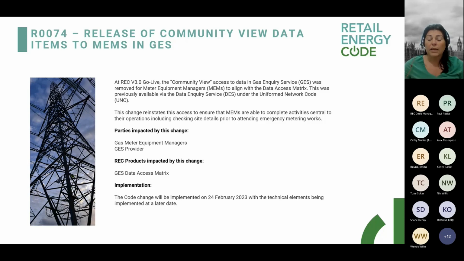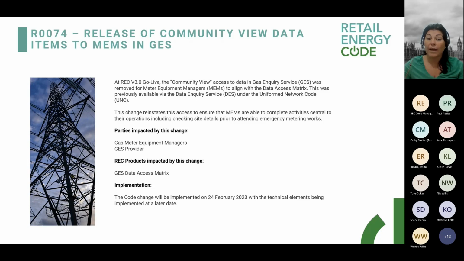So the reason this change is in place, because at REC version 3, when GES came into the REC, meter equipment managers had the ability to have a portfolio view access, but also a community view access in the system. However, the community view was taken away under REC version 3.